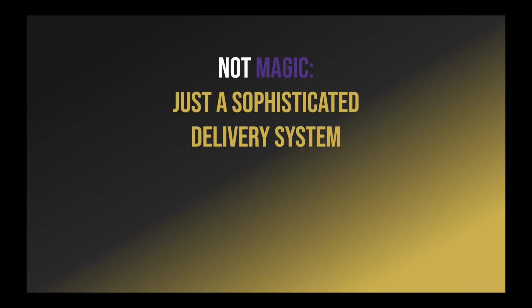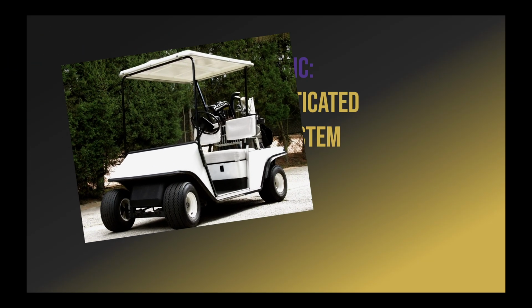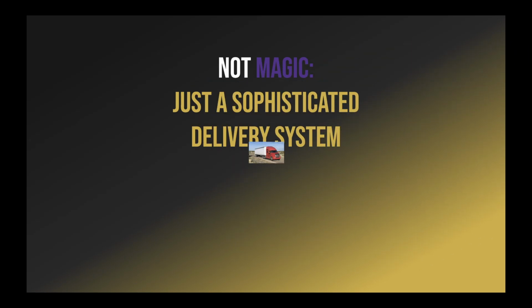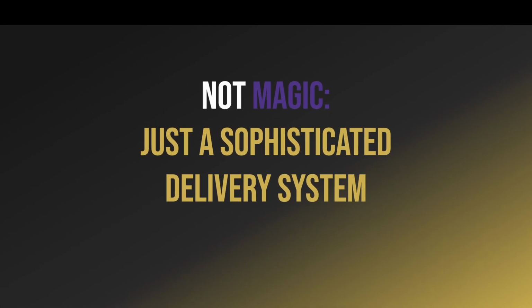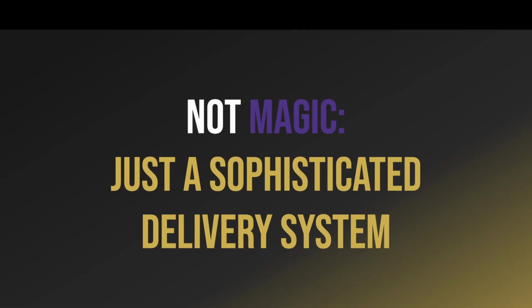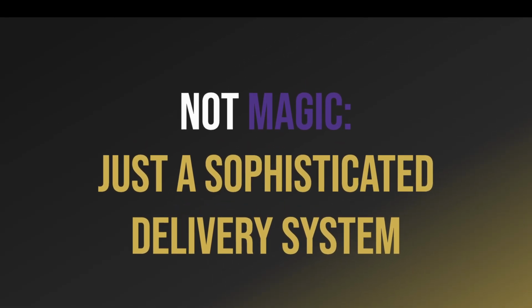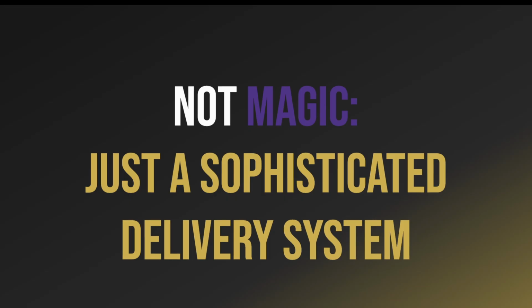The internet feels invisible and magical, but really it's just a sophisticated delivery system. Golf carts handle local transportation. Trucks handle long-distance routing. Different reliability options serve different needs, and applications format data for specific purposes.